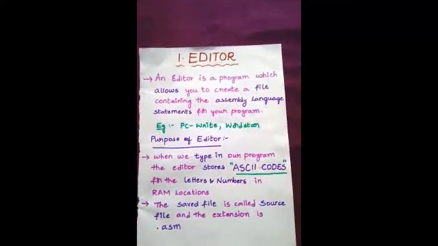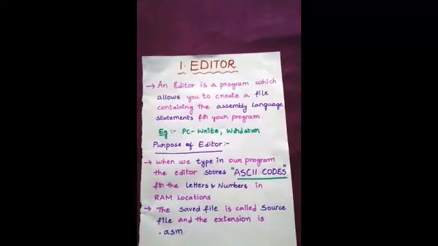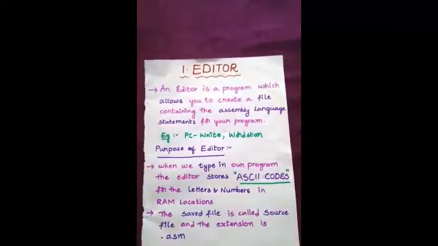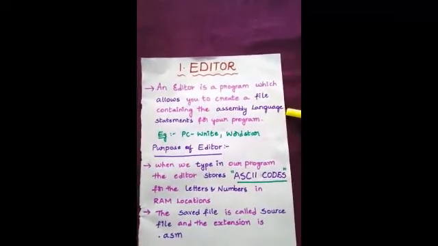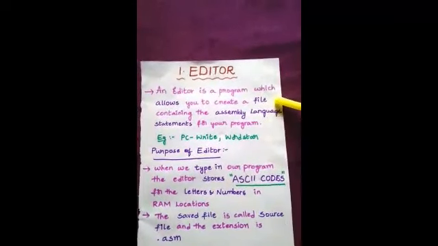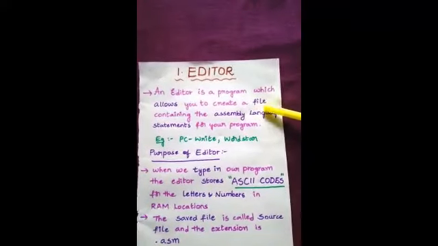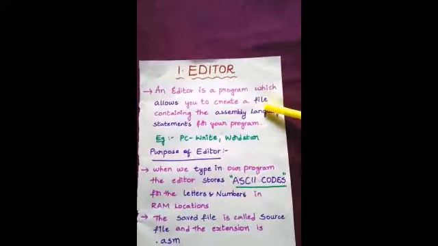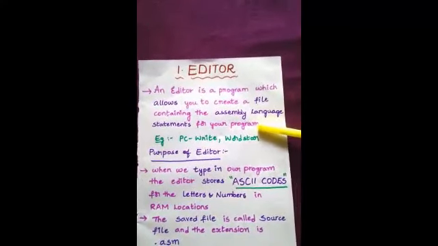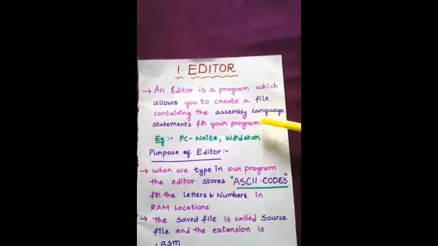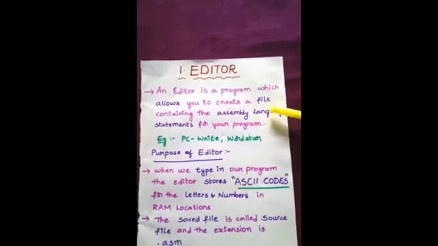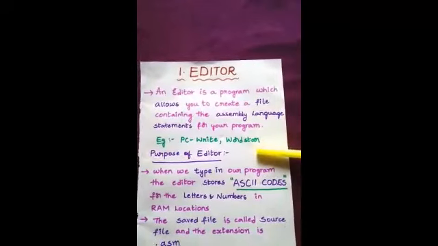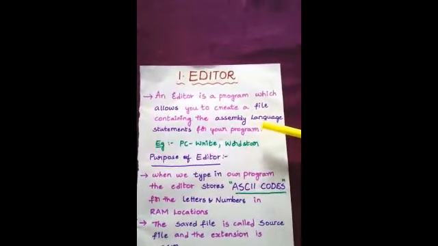As the topic we are discussing is assembly language program development tools, obviously the statements or instructions from the assembly language are taken in the file, and such a file is created. So the tool which is used to create a file containing assembly language statements for our program is called an editor. Examples of an editor are PCWrite, WordStar softwares, etc.